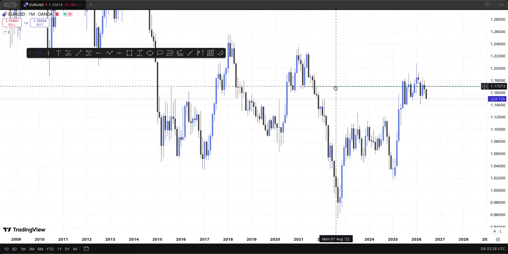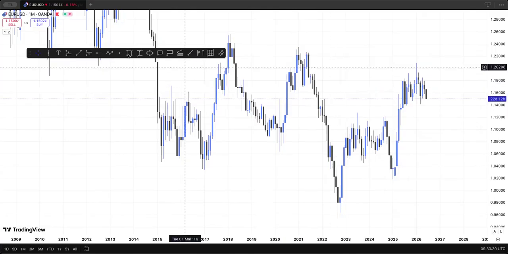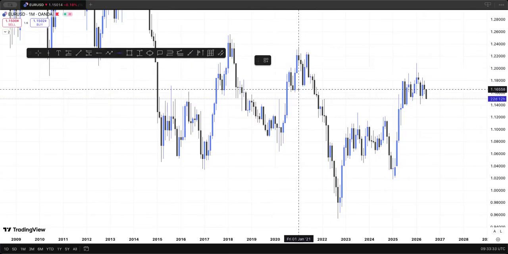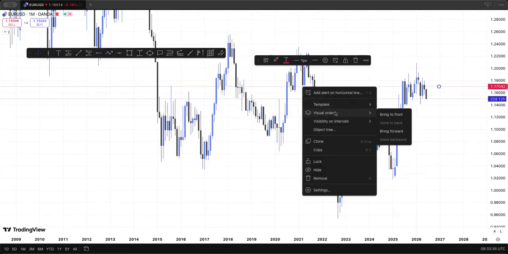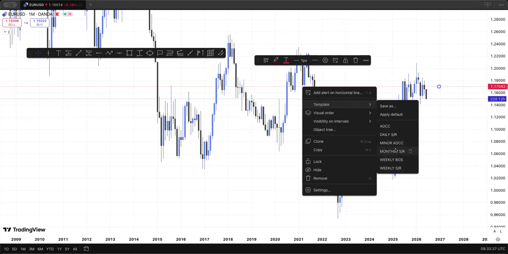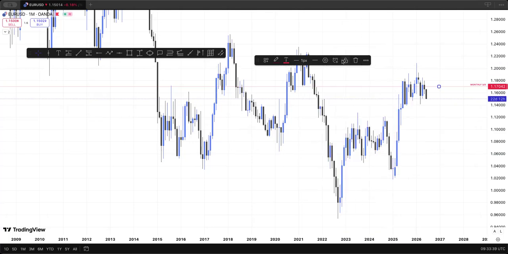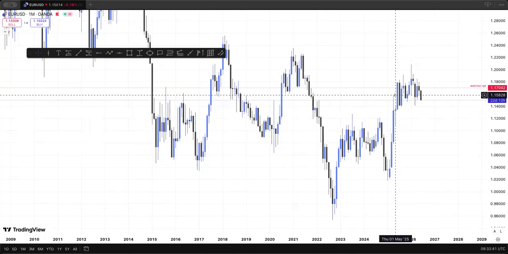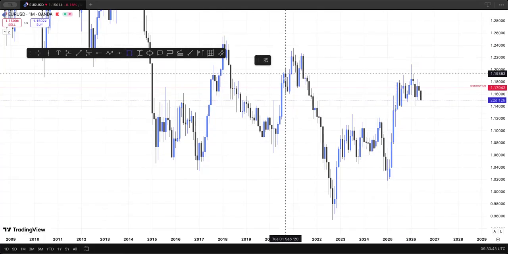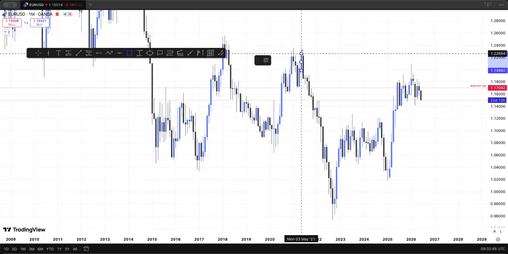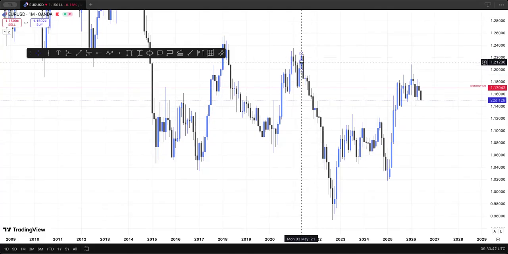There was this resistance right here, this monthly support or resistance right here. Okay. And after that support or resistance, we had a what? We had a supply.